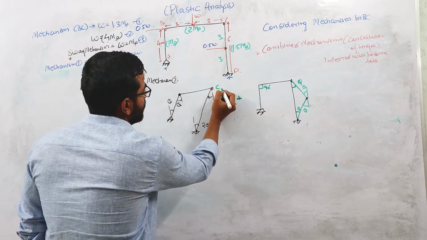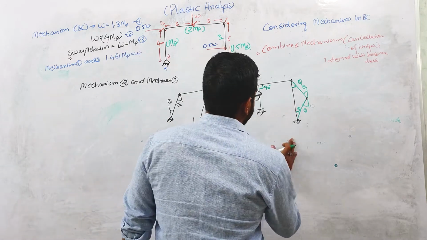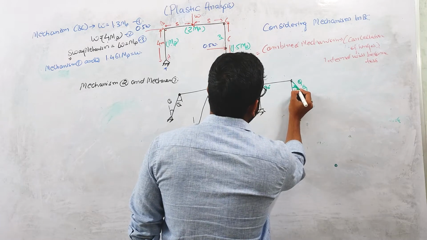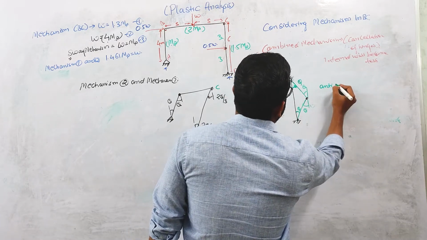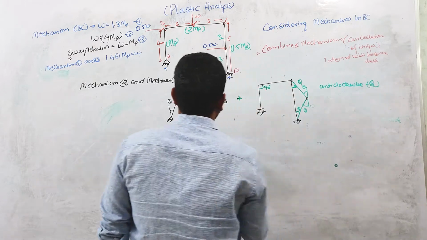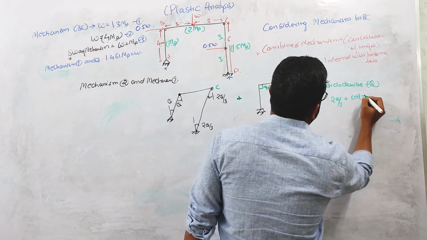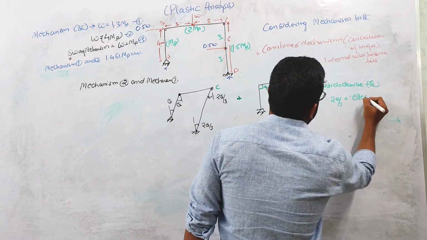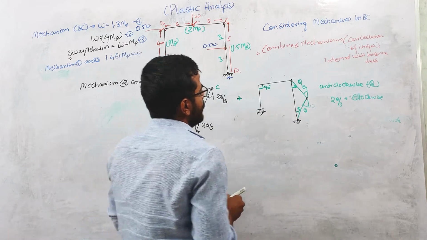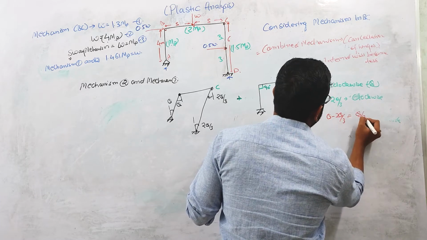What about C point? At C, you can see that this portion is rotating in anti-clockwise direction in mechanism 2 by theta amount, and this portion is rotating by 2 theta by 3 in clockwise direction. So net rotation at this point will be theta minus 2 theta by 3, which equals theta by 3.